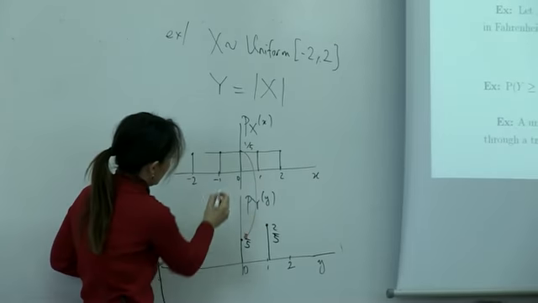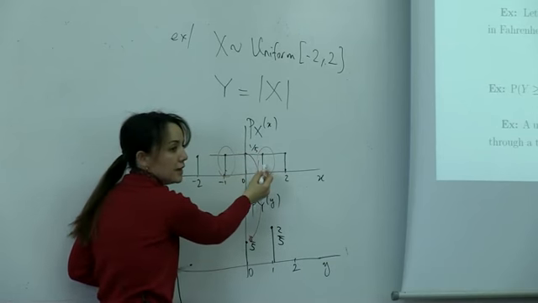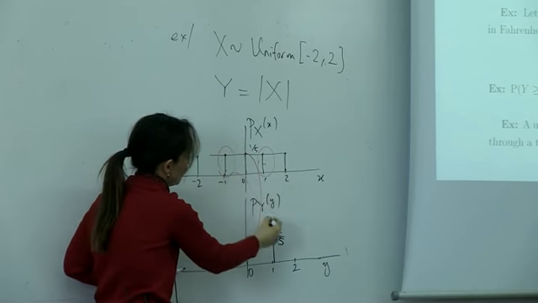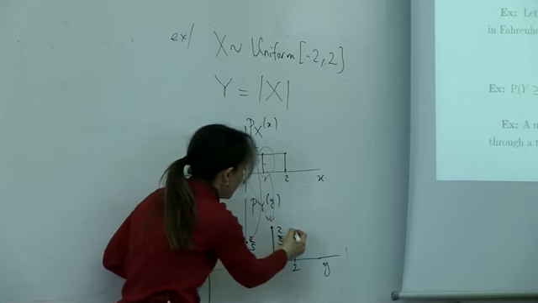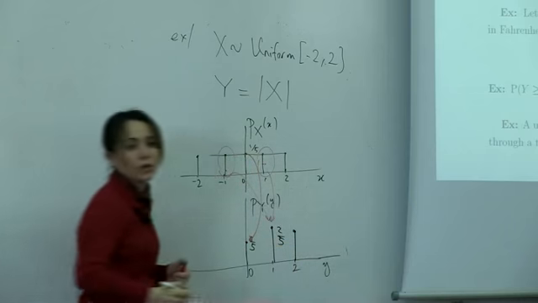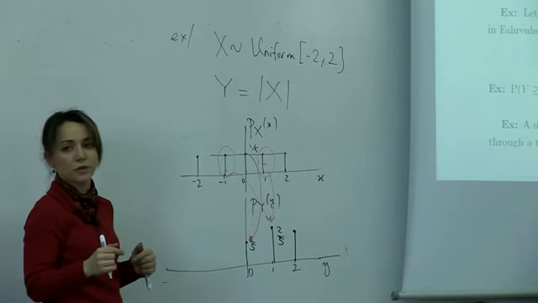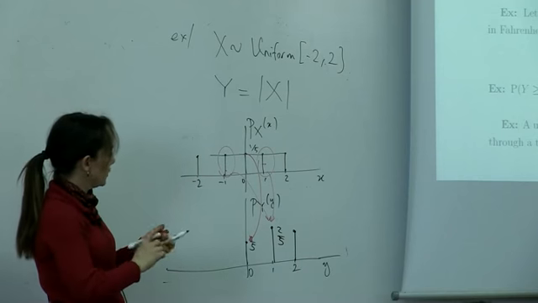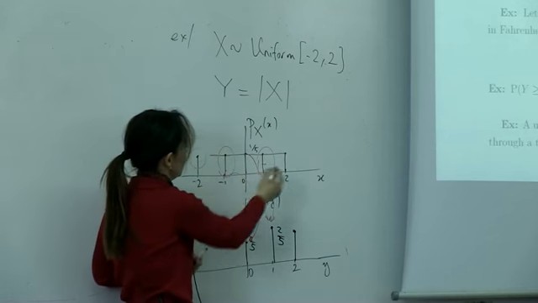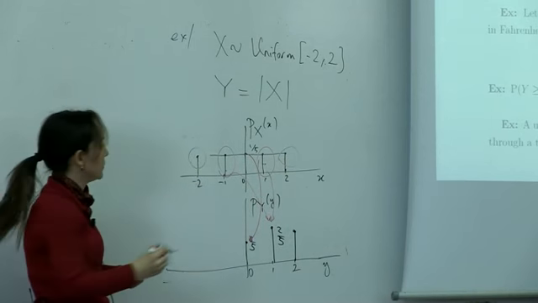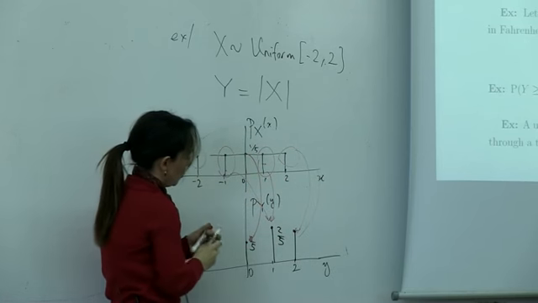And it comes from the sum of this mass and this mass. Similarly, the probability that y is 2 is the probability that x is either 2 or -2. And the probability of that is again the sum of this probability mass and this probability mass, which is 2/5.